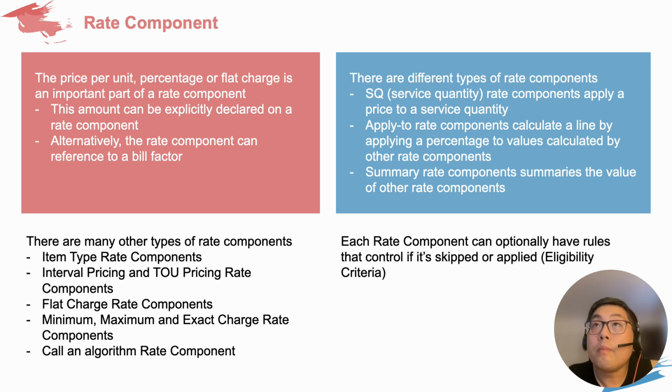But they are actually runtime variables within a rate engine, so they can be calculated to be the price on the bill, or calculated to be used by other calculations. So service quantity is a fundamental part of how the variable works in the billing rating calculation.